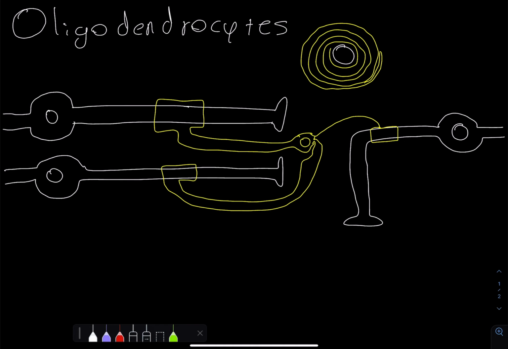The purpose of the myelin is to increase the resistance of the axon. What that means is that we're not going to allow the electrical signal, the action potential going down an axon, to leak out. If there was no myelin, it would just leak out. But since there's increased resistance here, it's going to stay in and move down to the axon terminal.